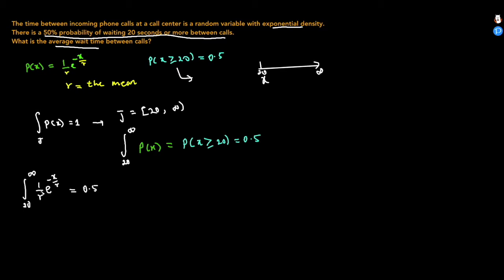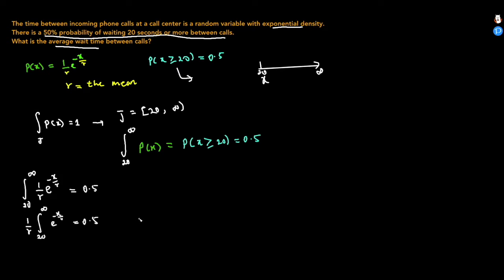Now we know r is a constant, so we can pull the 1 over r outside. That's 1 over r times the integral from 20 to infinity of e to the minus x over r equals 0.5.